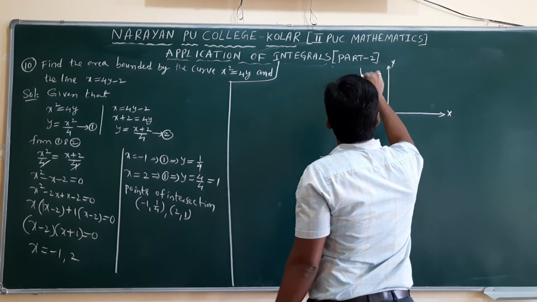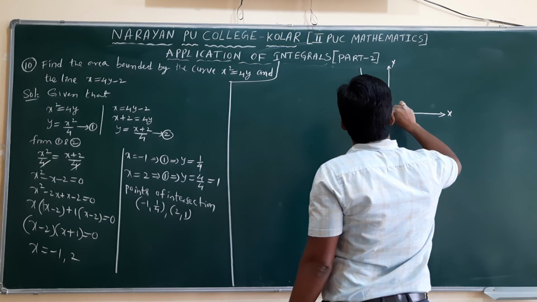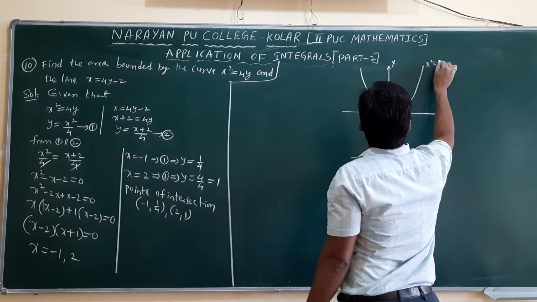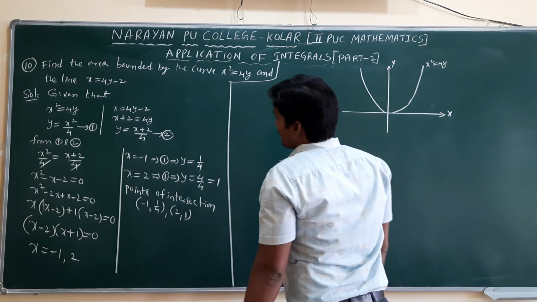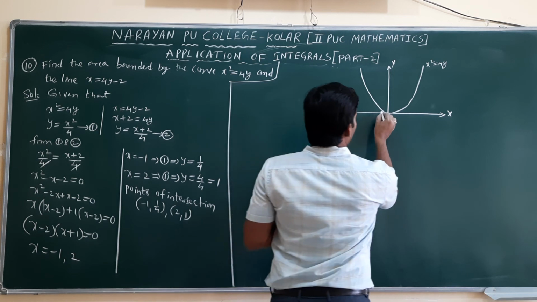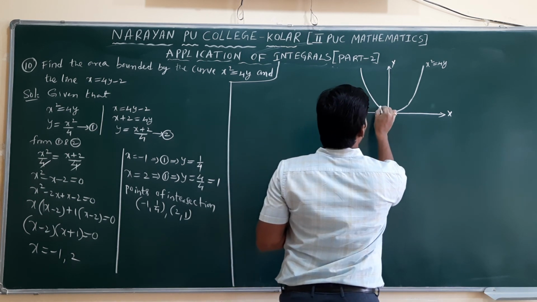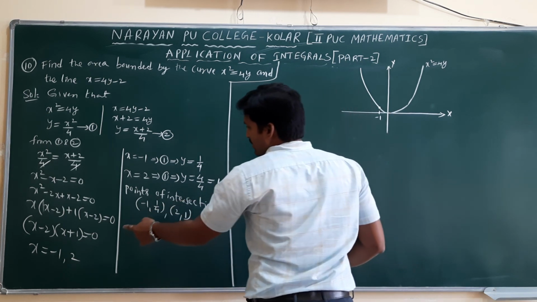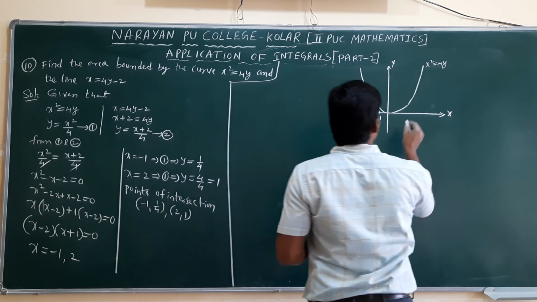Now the given curve is clearly the third form of parabola towards the y axis, x square equal to 4y. The line is intersecting at which points? Minus 1 comma 1 by 4: x value minus 1, y value 1 by 4. This point I am taking. Next, x value 2, y value 1.